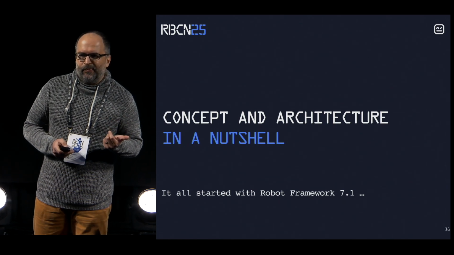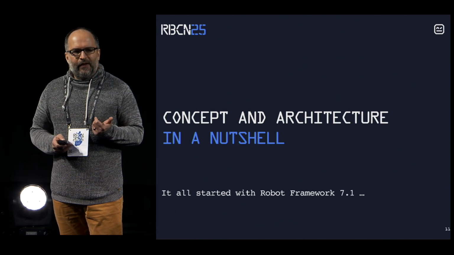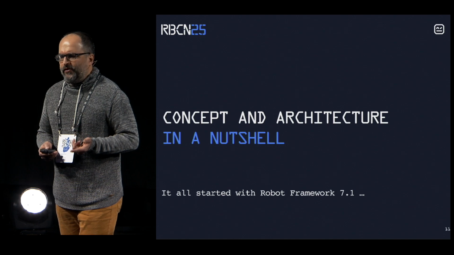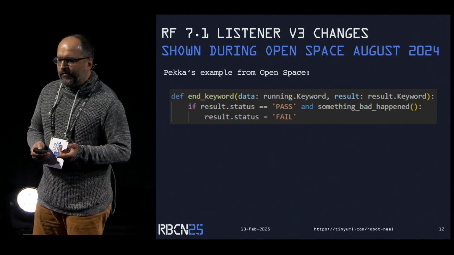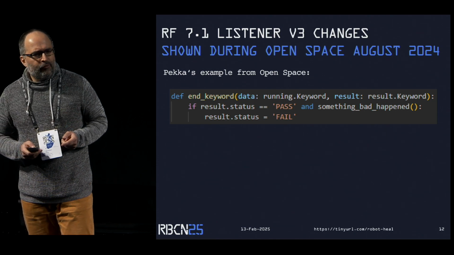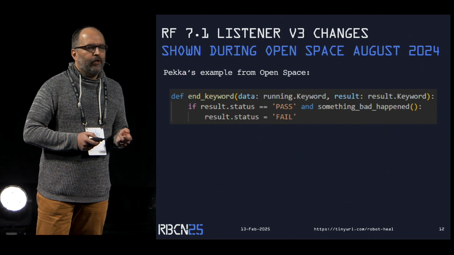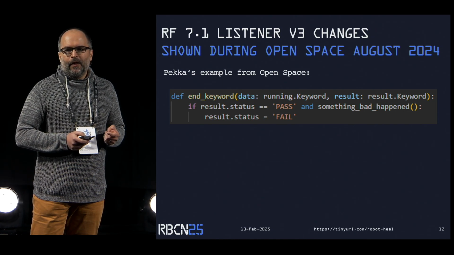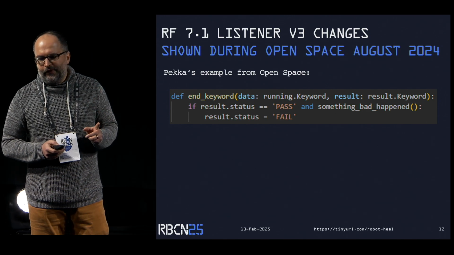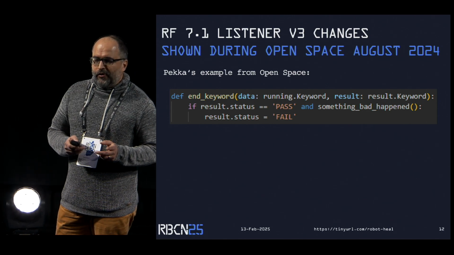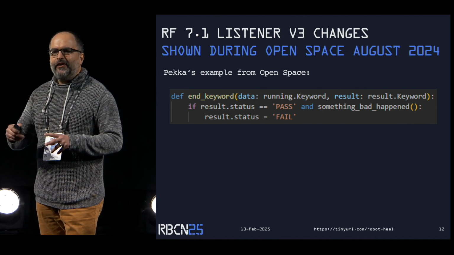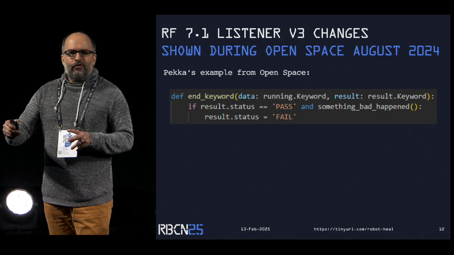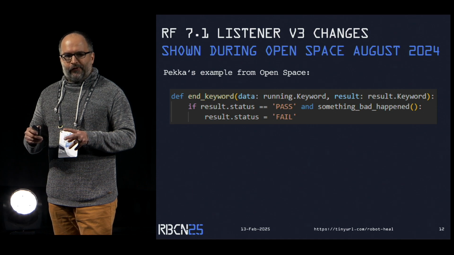It all started back then with Robot Framework 7.1, mid of last year in August. I think Pekka gave an open space and he introduced the listener changes in Robot Framework 7.1. So what was then possible with the listener changes, it was possible to hook into the test execution when a keyword is ending, and then you could change the result status for the first time.